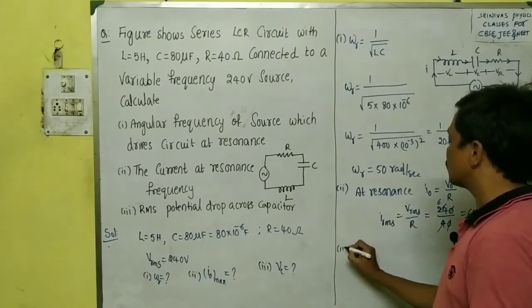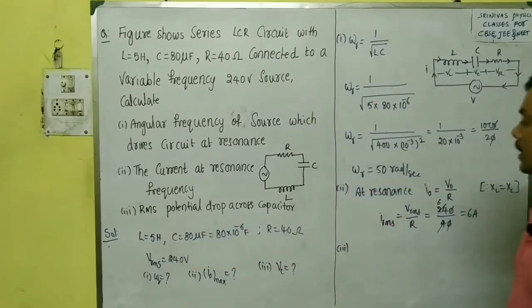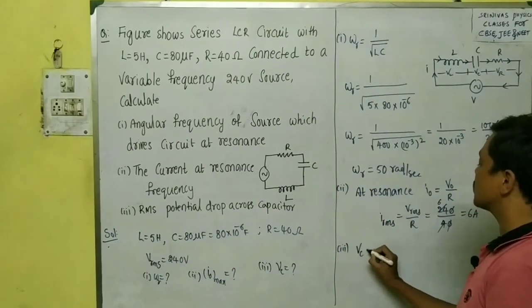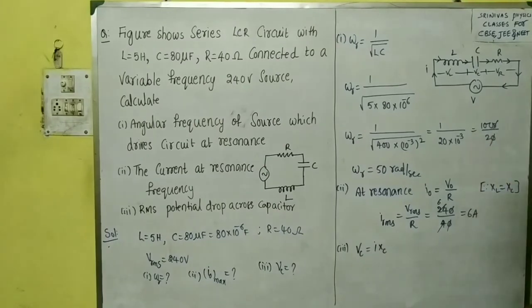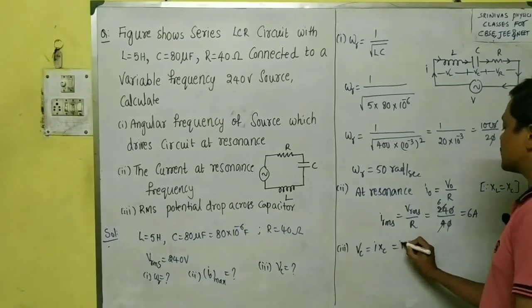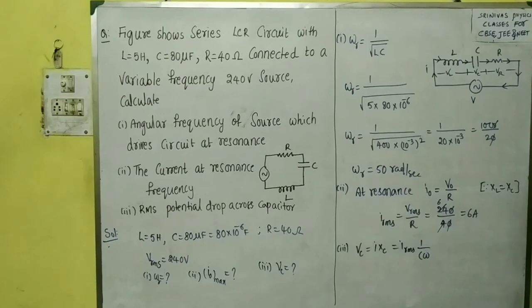The third question is to find the potential drop across the capacitance. Across the capacitance, the potential drop is current into the resistance of the capacitance, so IRMS into XC, and XC we write as 1 by C omega. Now substitute all values.